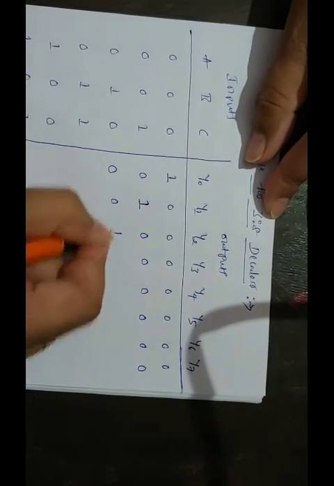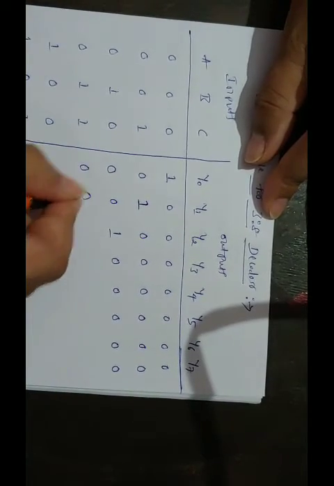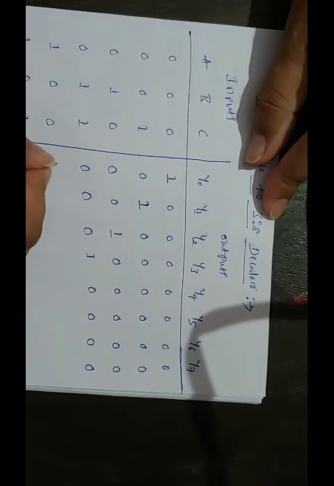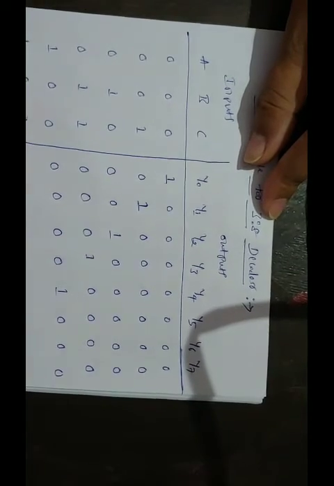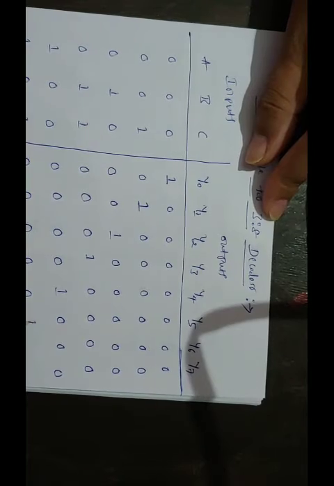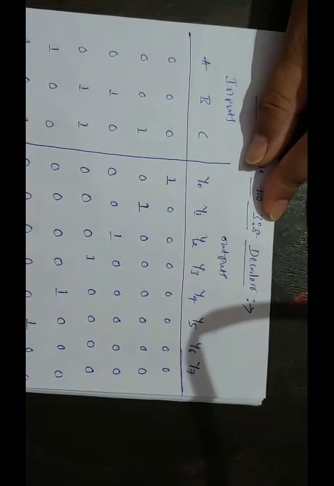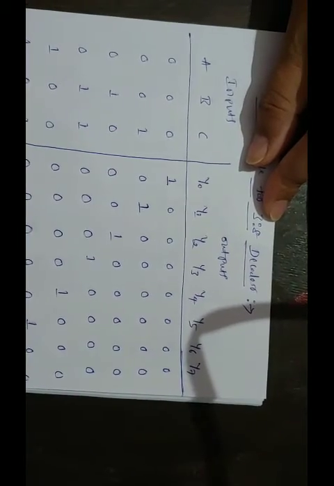Similarly, go on and fill the truth table. Then it is 0 1 0 0 0 0 0 0 for the first, then 0 0 1 0 0 0 0 0, next 0 0 0 1 0 0 0 0, next 0 0 0 0 1 0 0 0, similarly 0 0 0 0 0 1 0 0, next 0 0 0 0 0 0 1 0, next 0 0 0 0 0 0 0 1. So this is the truth table.